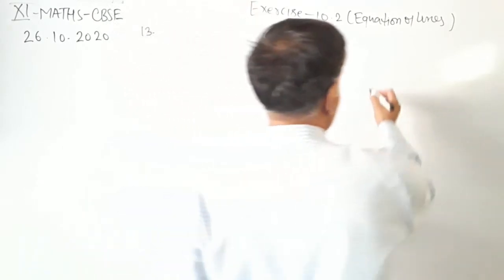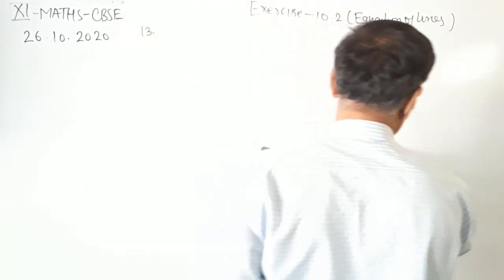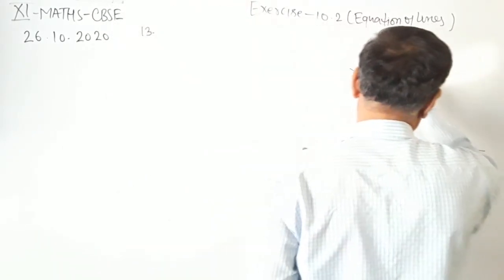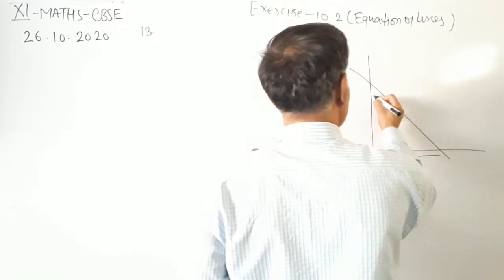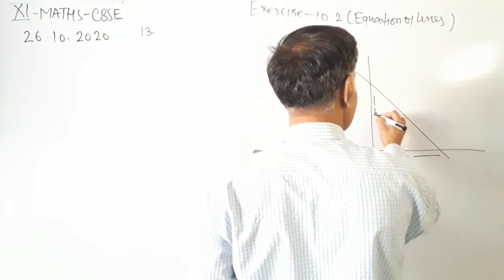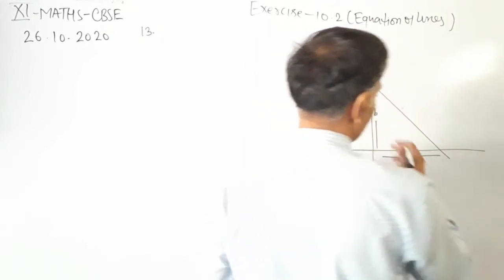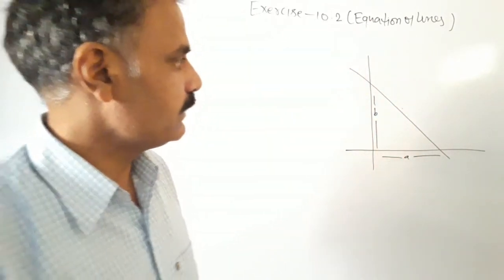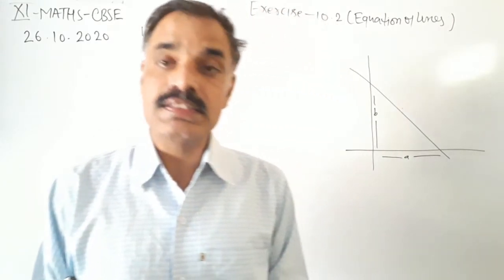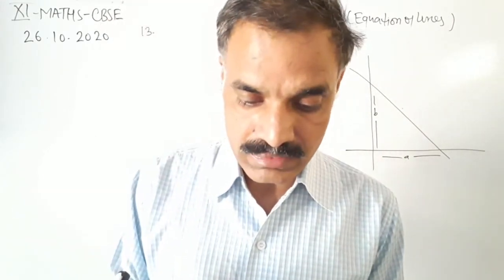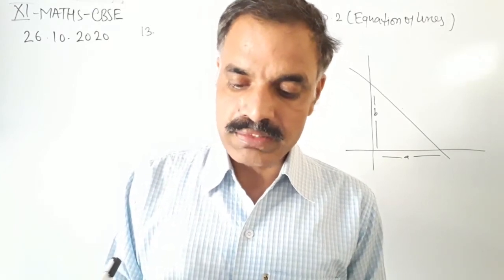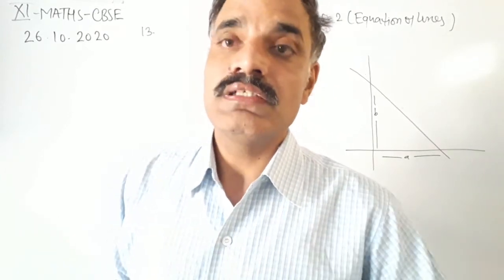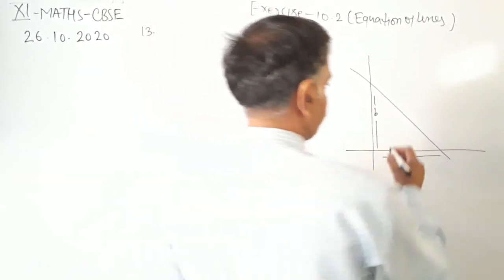Now we have been given the equation of the line in intercept form. This is x intercept a and this is y intercept b. So a and b are the intercepts of the line on the x-axis and y-axis respectively. Also we have been given that the sum of the intercepts is 9 and it is passing through the point 2, 2.